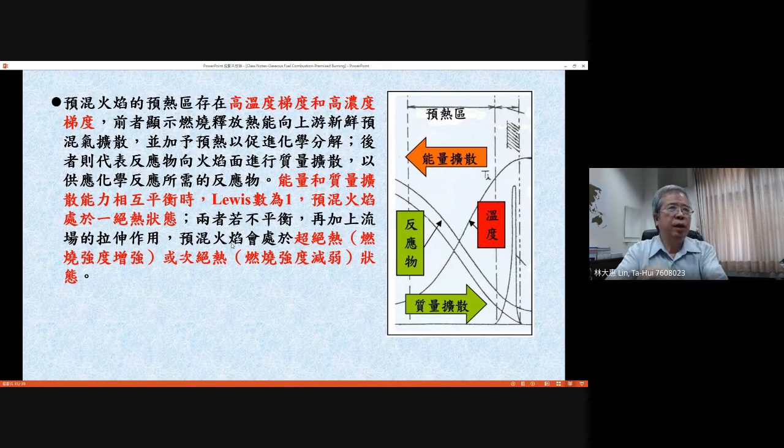Those different situations make you think about how the balance between heat and mass diffusion occurs in those circumstances.